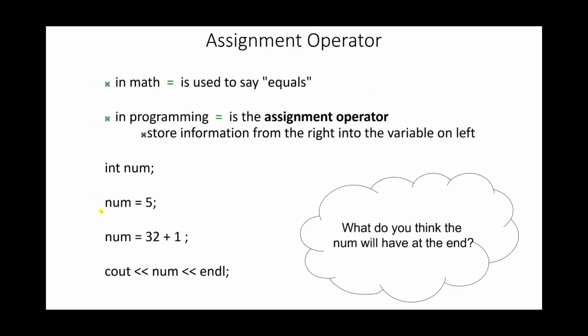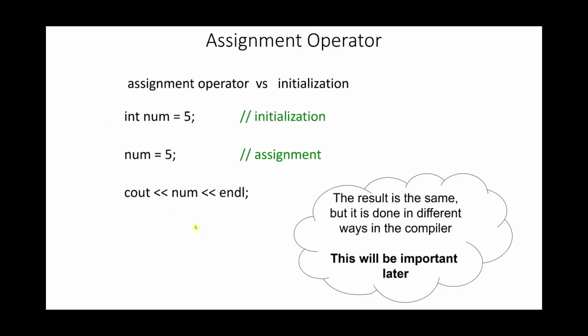Now, if we are doing this, int num, then num equal 5, then num equal 32 plus 1, then we print num. Firstly, that stores 5 into num. Then that stores 33 into num. That overwrites what's in num with the new value. So that is going to print 33. Now, if you do that, the result is going to be 5, right?